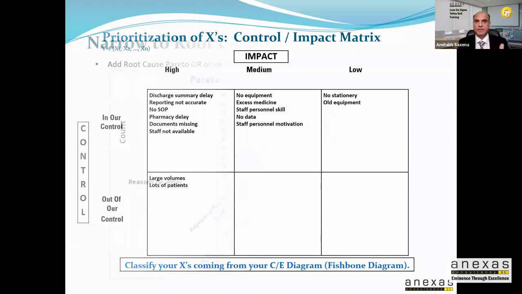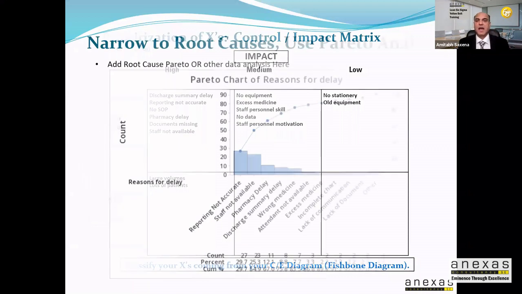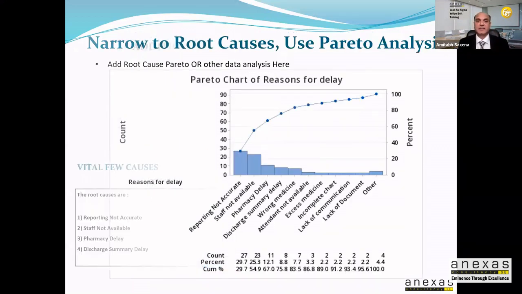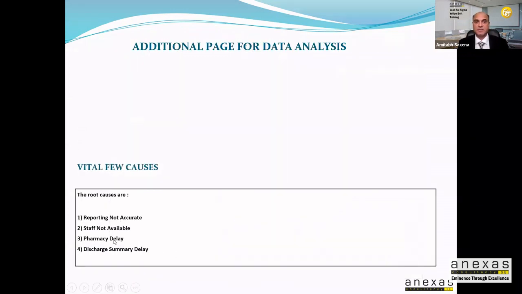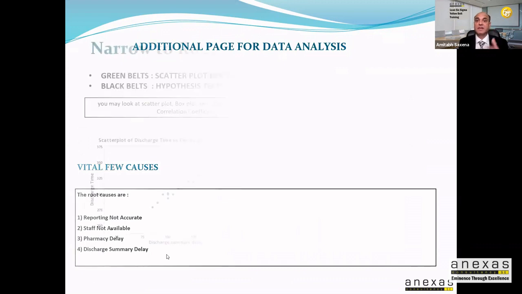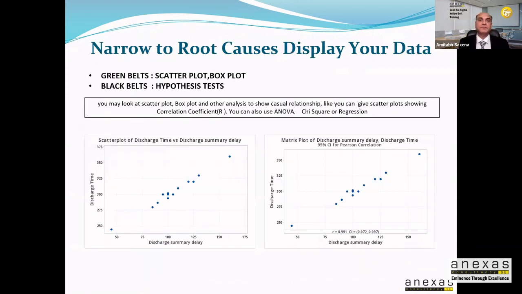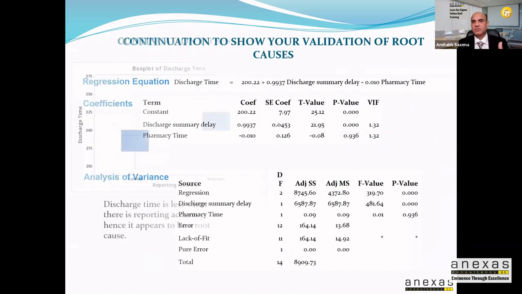So we did a Pareto chart, and the Pareto chart revealed that the root causes are reporting not accurate, staff not available, pharmacy delay, summary delay. But after making proper charts, there are again advanced tools also.